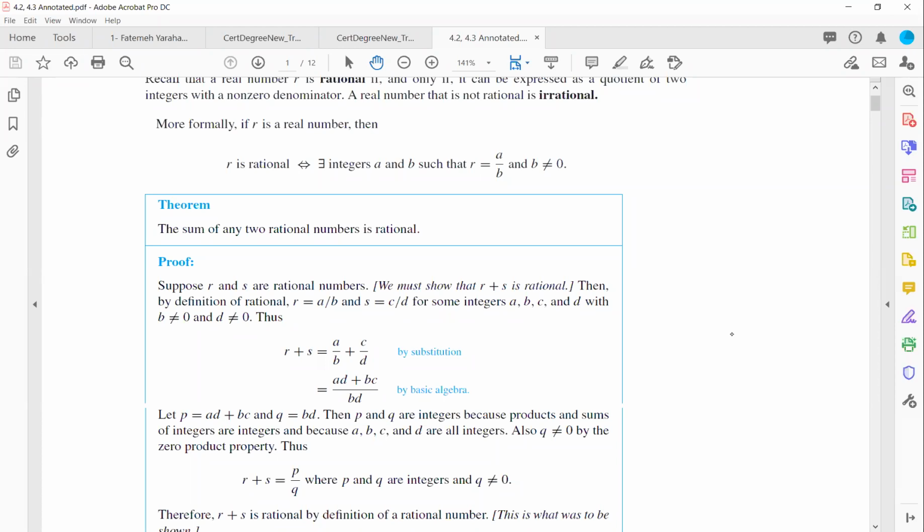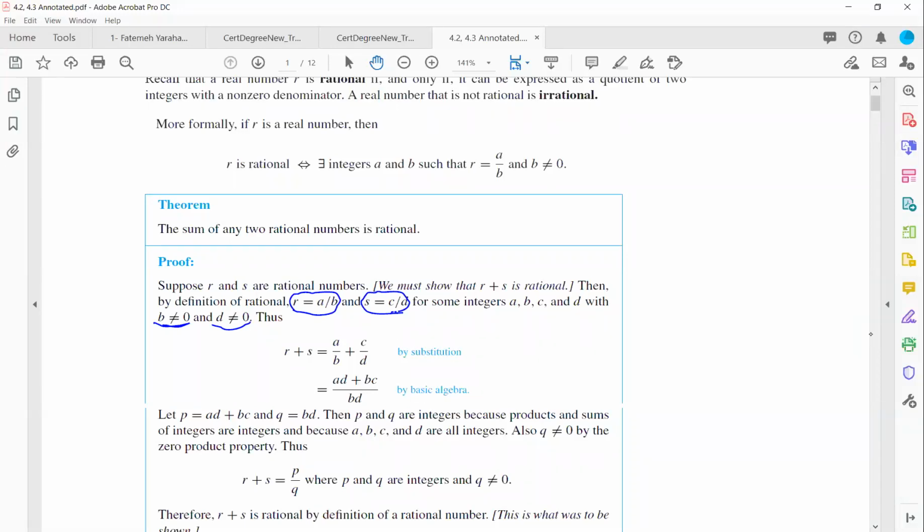Since R is a rational number, you can write R as A divided by B, and B in the denominator is never 0. S can be written as C divided by D. Both of them are integers, and the denominator is never 0.